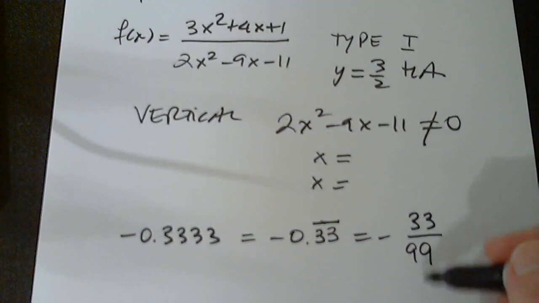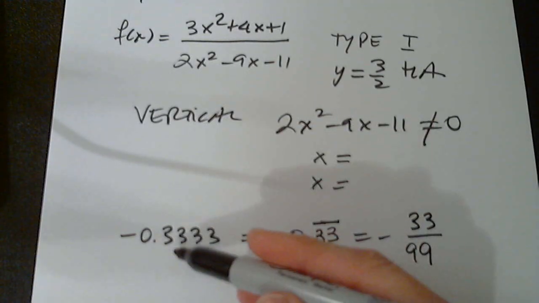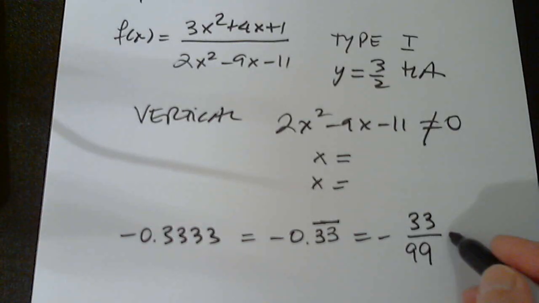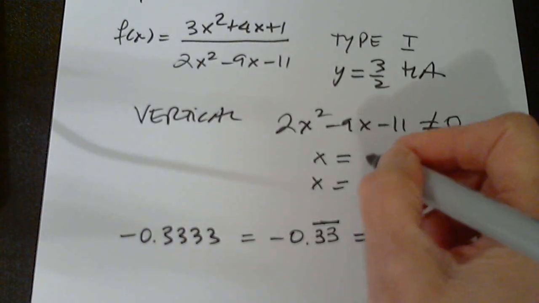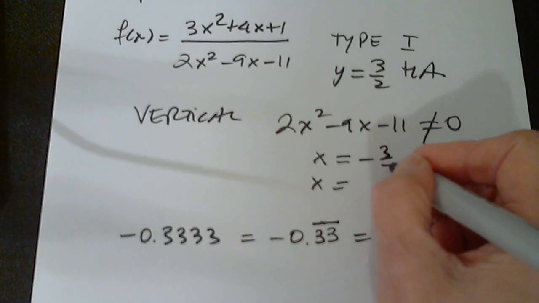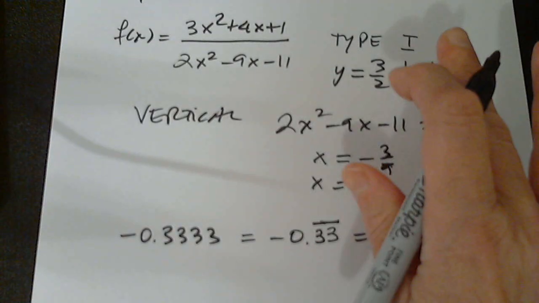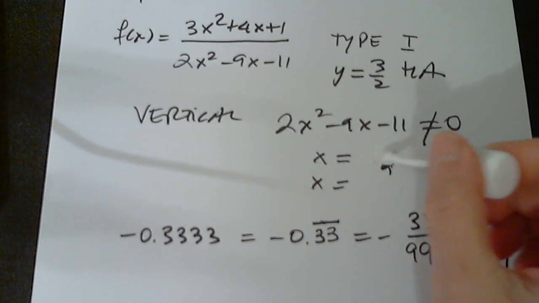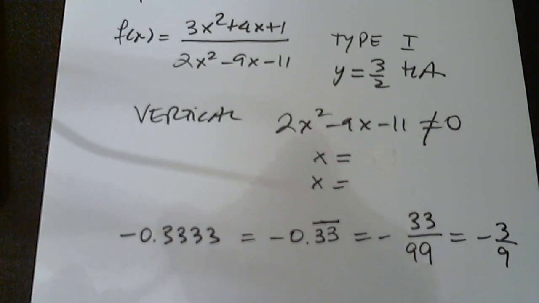Of course, 3/9 is the same thing because I simplify by 11, right? So this is -3/9. But this is, let me erase that. This is for the numerator. I wrote it for the denominator, which I didn't even look at yet.